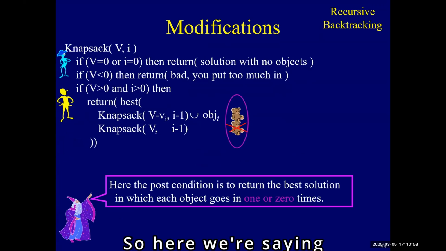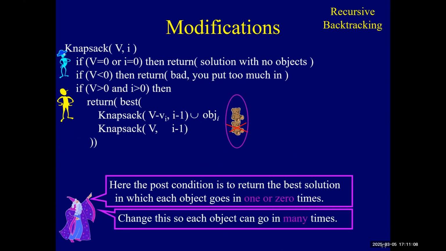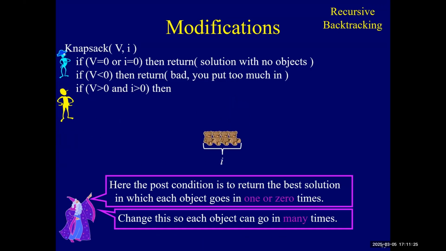right? So here we're saying that we either put the bear in or we don't put the bear in, right? But maybe there are a lot of bears and you can put as many bears as you want, right? Or maybe you're walking up a staircase and you want to know you can take as big of a step as you want, right? So that's here. So how do we modify the code?